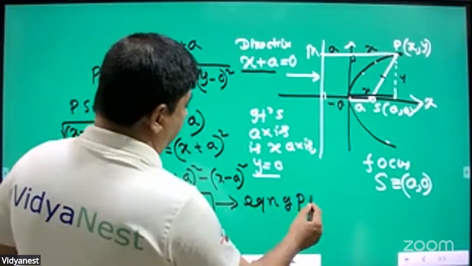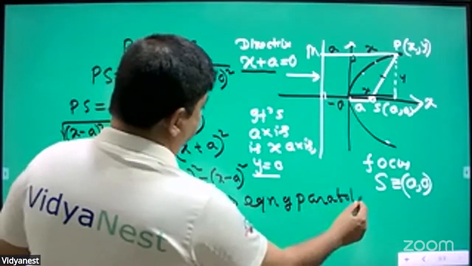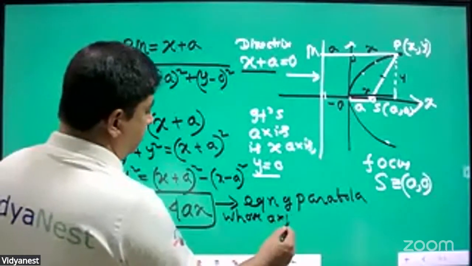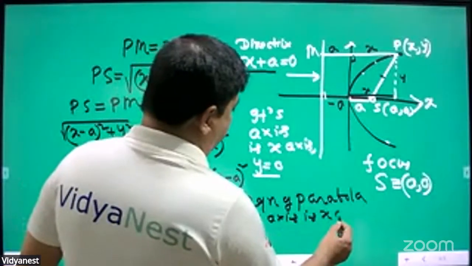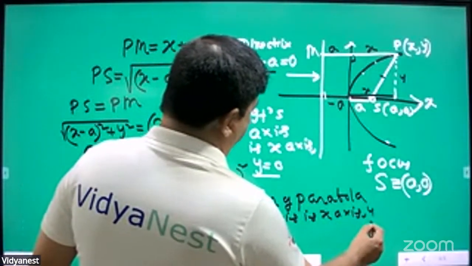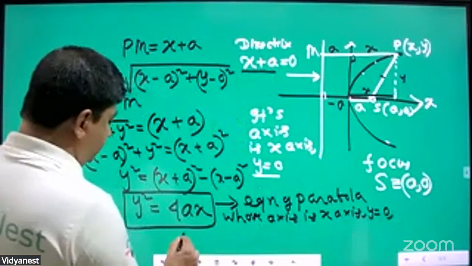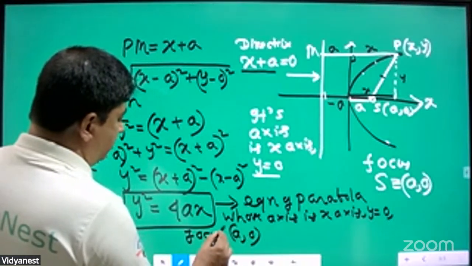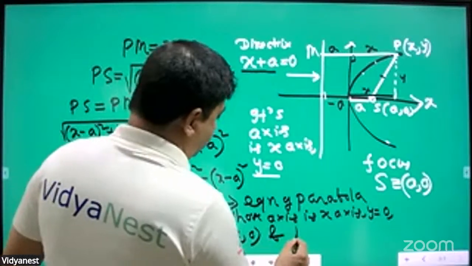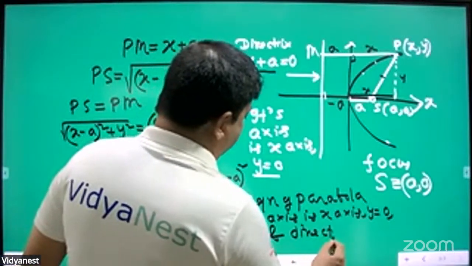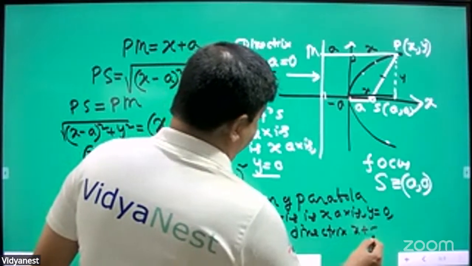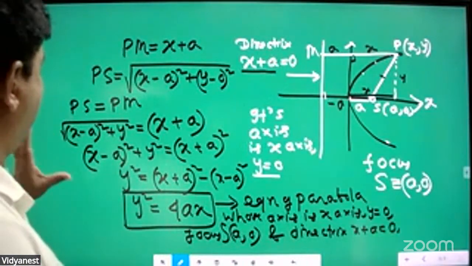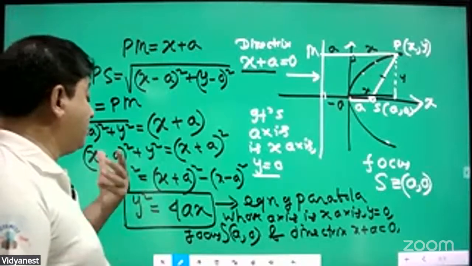Equation of the parabola whose axis is the x-axis with y is equal to 0, focus a comma 0 and directrix x plus a is equal to 0. Okay, so this is the basic property, the basic equation of the parabola.